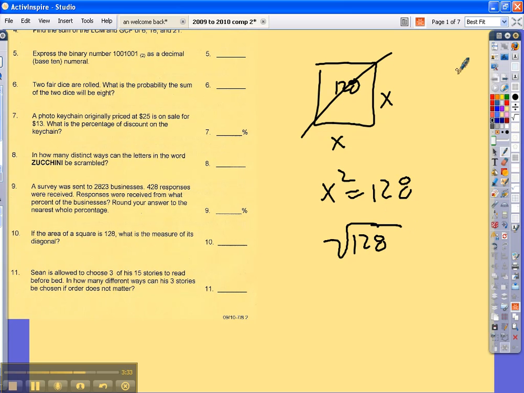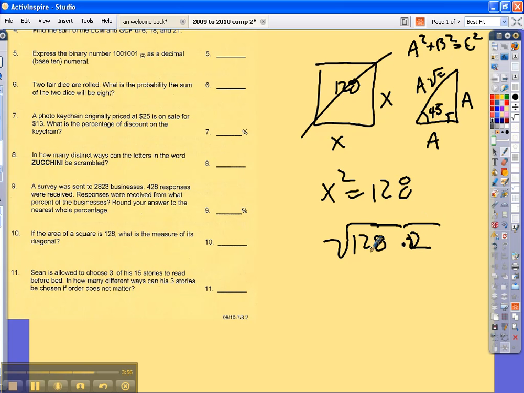So the Pythagorean theorem says that a squared plus b squared is equal to c squared. It also says, for special case triangles that are right triangles with a 45-degree angle, that the hypotenuse is a times root 2. So we have the square root of 128 times the square root of 2.